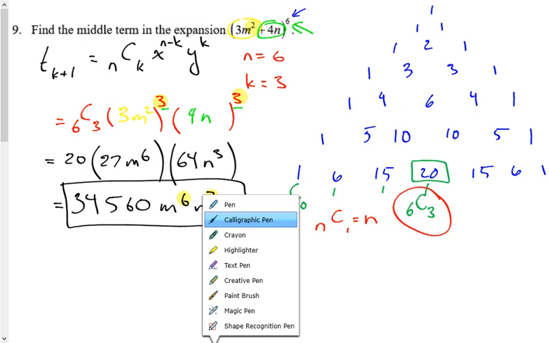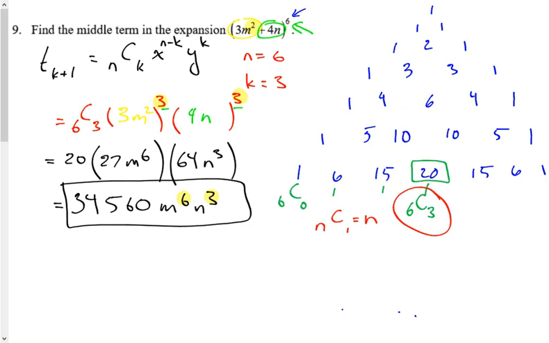It's not so much the number of places, but it's the r value. I remember that I always start with choosing 0, then I choose 1, choose 2, and found my middle value was choose 3. Then I compared back to this and said, oh, so I have a 6 choose 3, and k is 3.